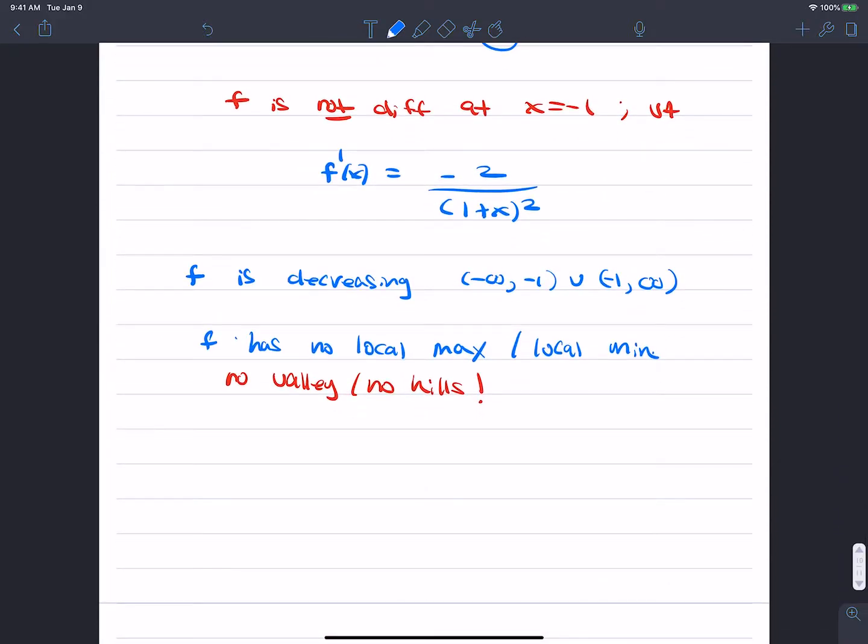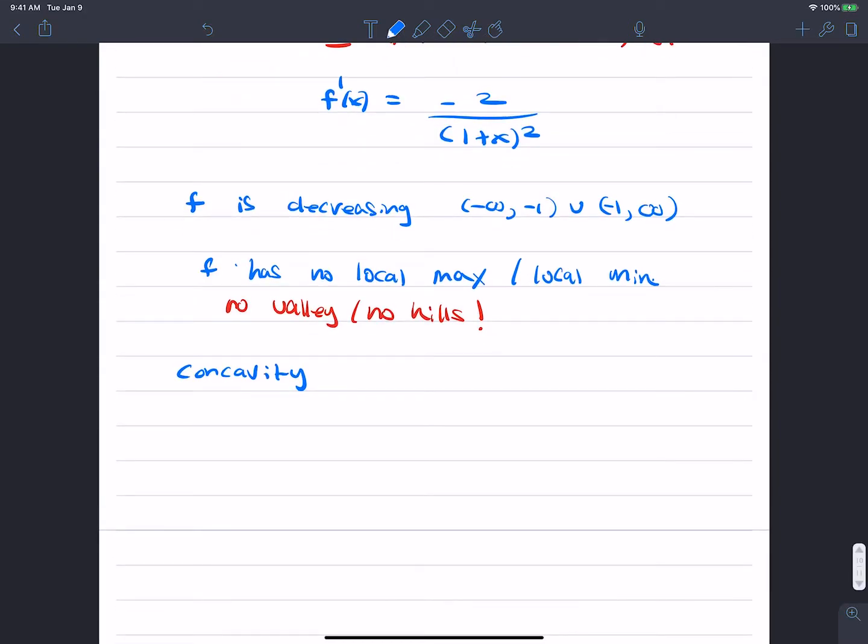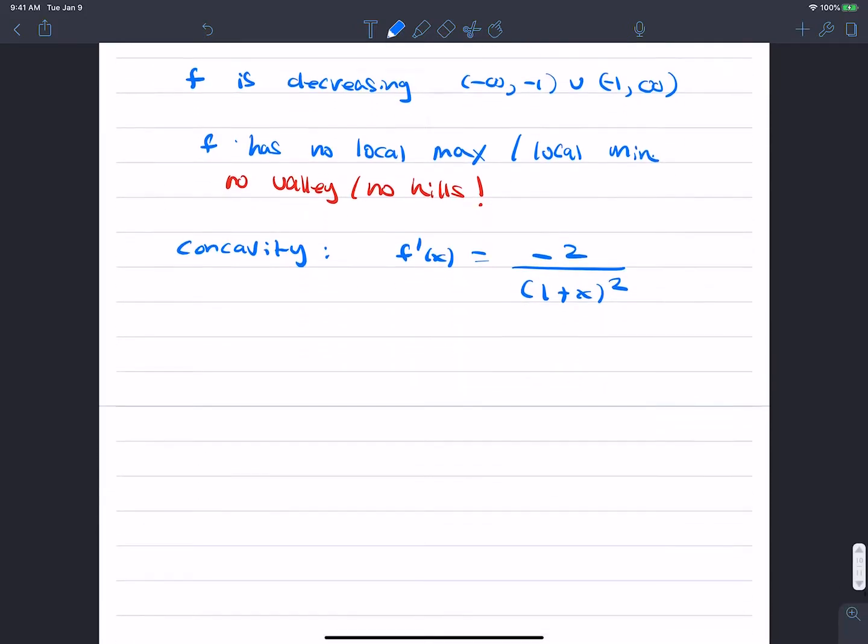In order to find the second derivative under concavity, remember you need the first derivative. Your first derivative here is -2 on top, over (1 plus x) squared.